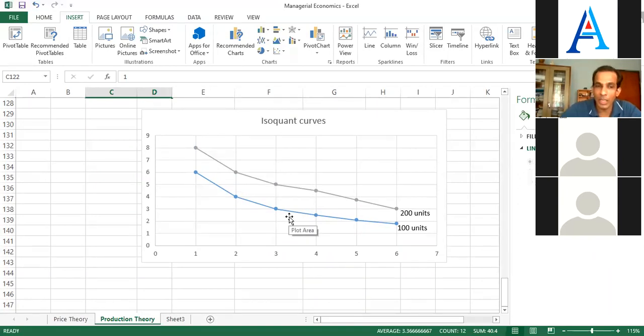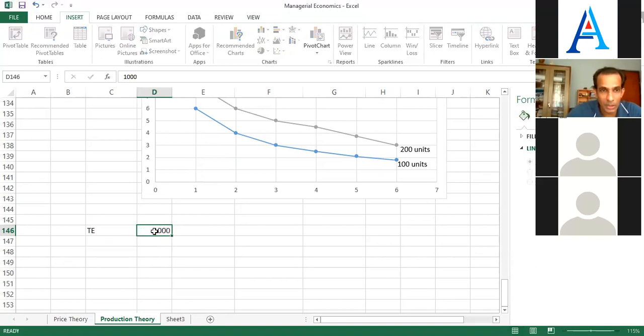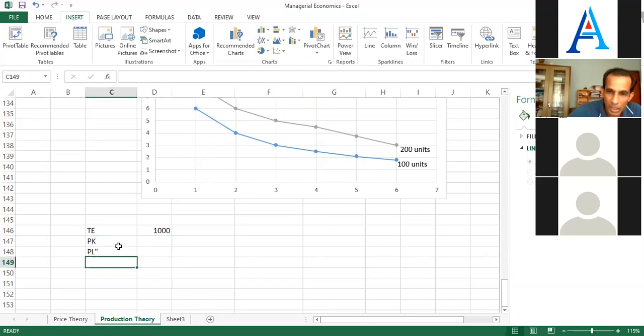For that, we need another important piece of information for this analysis. That depends on the total amount the firm can spend. Suppose the total expenditure the firm can spend for the two inputs is, for example, $1,000. Then we need to know the price of capital and the price of labor.